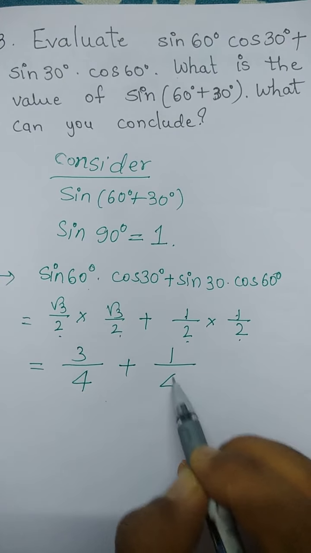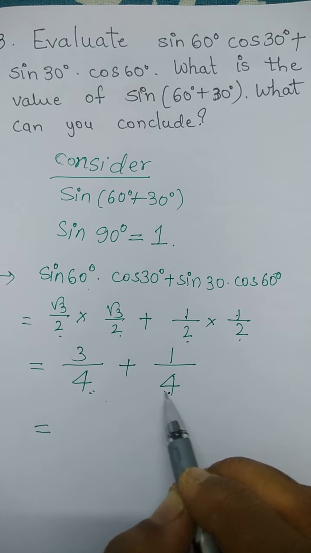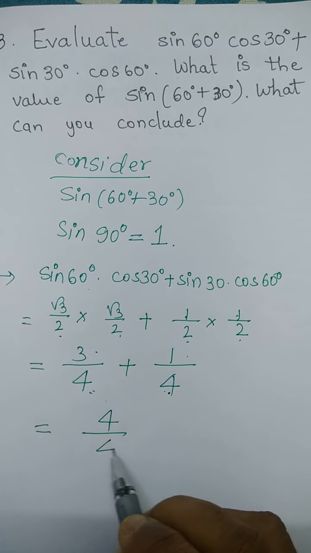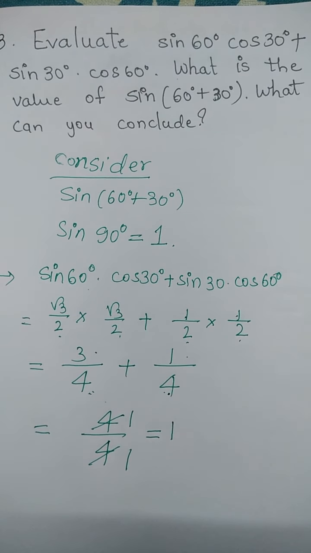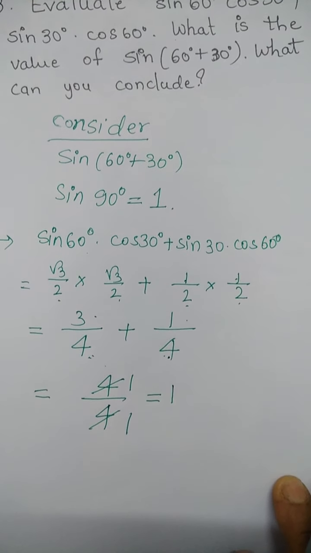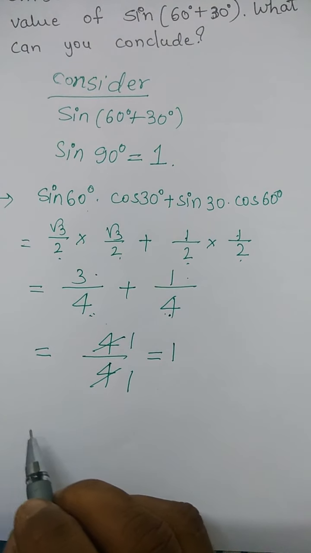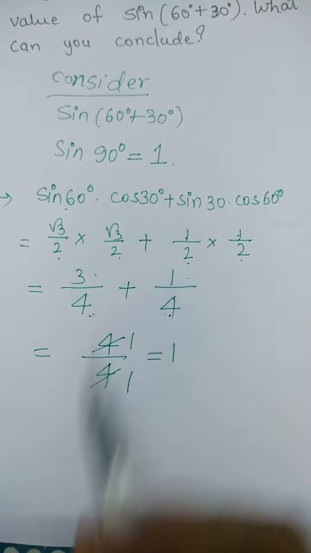Here we observe denominators are same, so we can add the numerator directly. So 3 plus 1 will give you 4 by 4. That is 4 ones are 4, 4 ones are 4, and answer is 1. So what can you conclude? We conclude that this is equal to this.